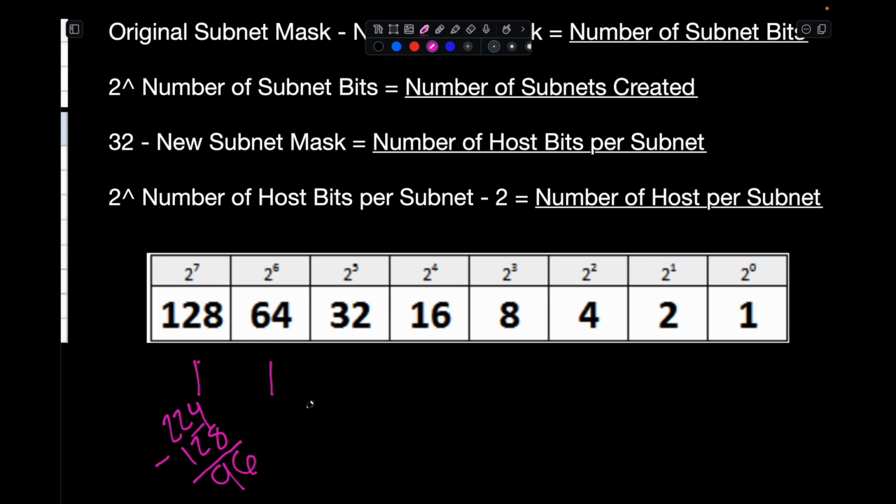It is, so it's on. 96 minus 64, we get 32. And then they're the same, so that one's on. 32 minus 32 is 0. So the rest of them are going to be off.